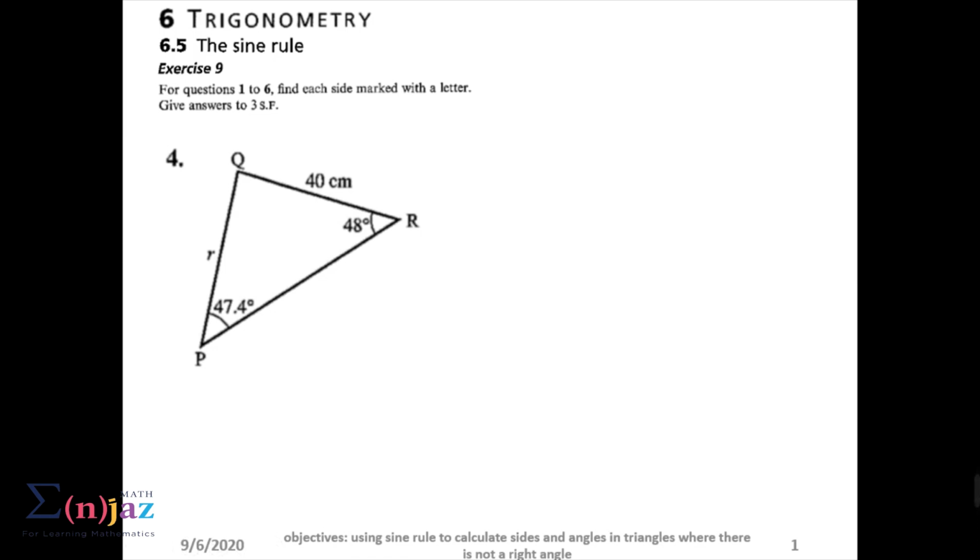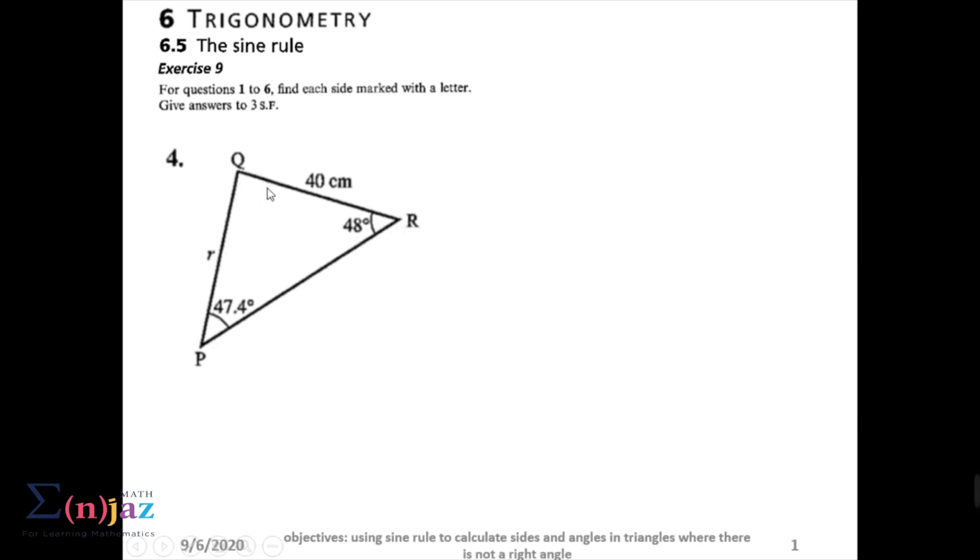Then angle R is equal to 48. R small is actually the side that is opposite to angle R, which is QP.